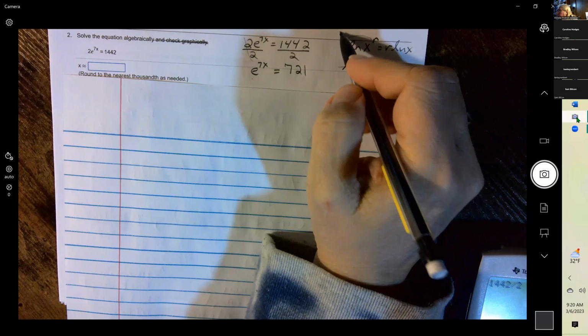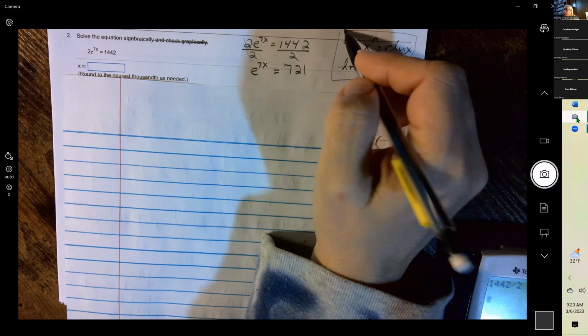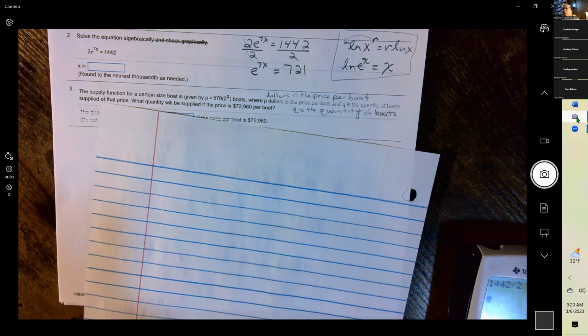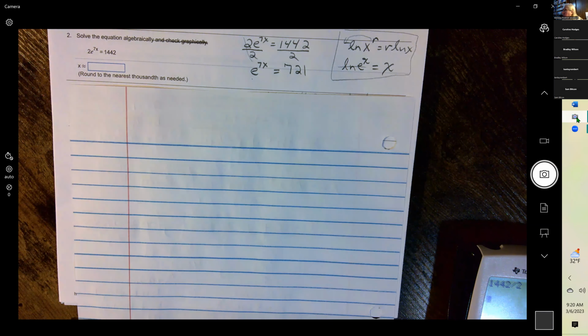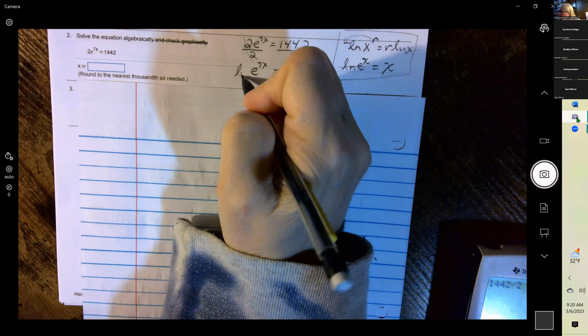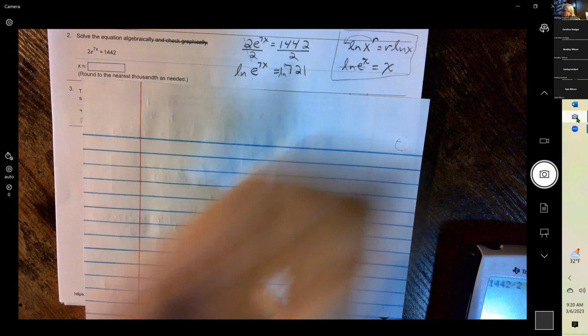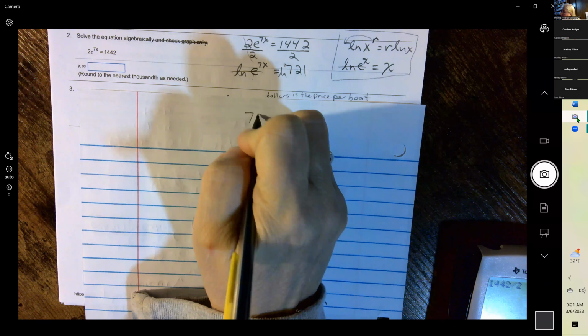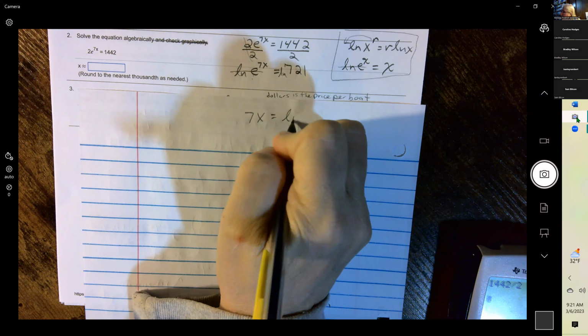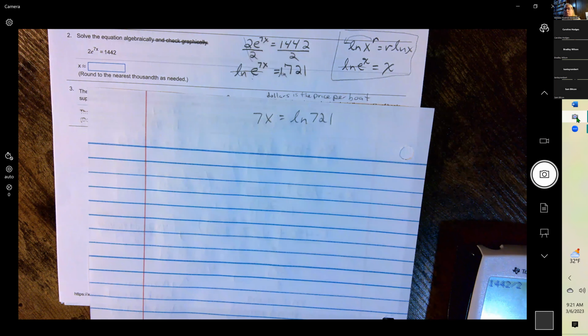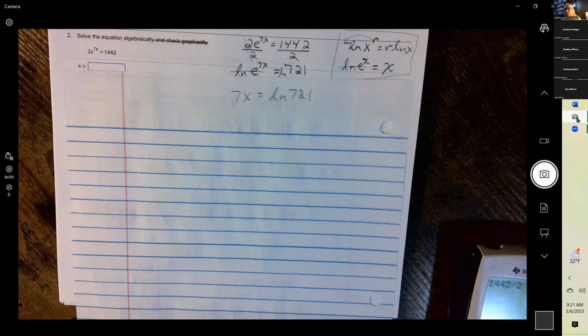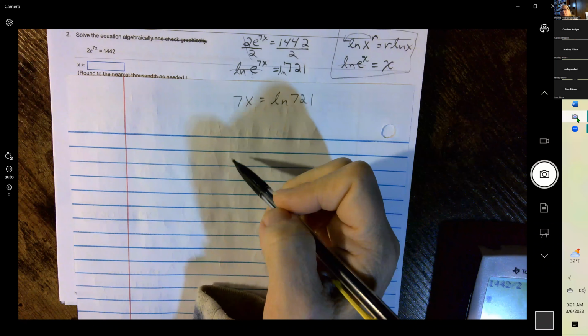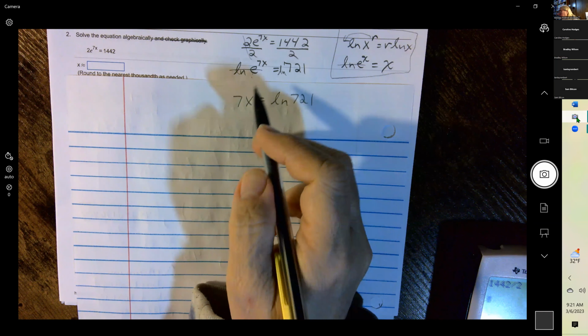So both of these are formulas you probably want to put on your formula sheet. Since this one is an e, we can take the natural log of both sides. Because these are inverses, they cancel. And then divide by 7.